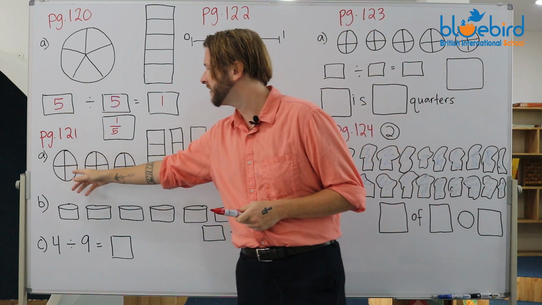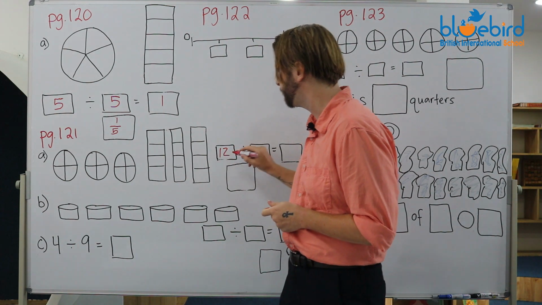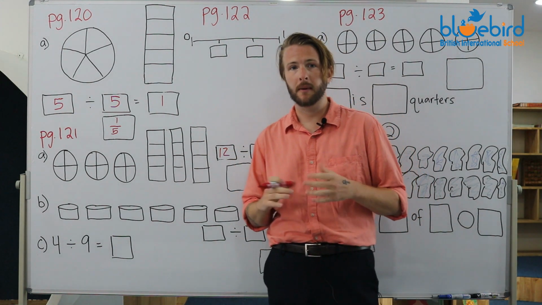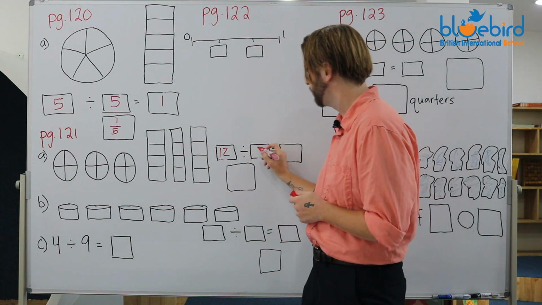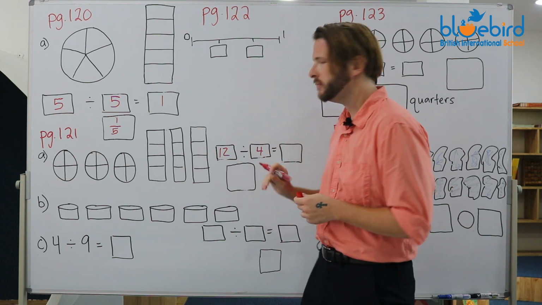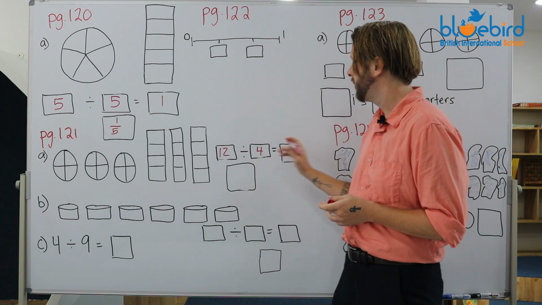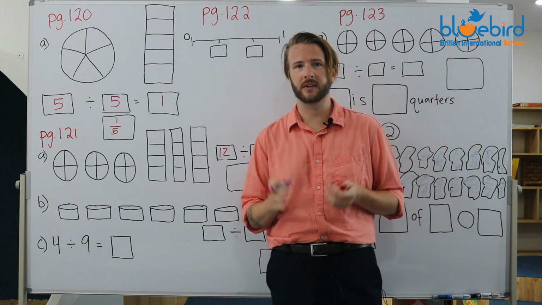Now we have a total of 12 pieces of pizza. We're going to divide that by the number of girls, 4, and then we can see that they each get 3 pieces of pizza.